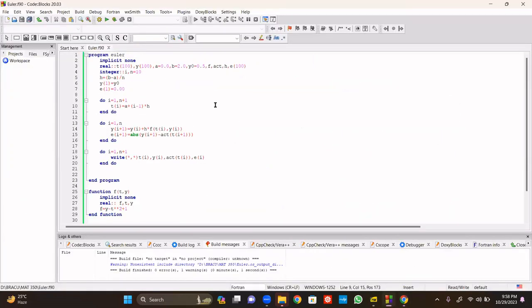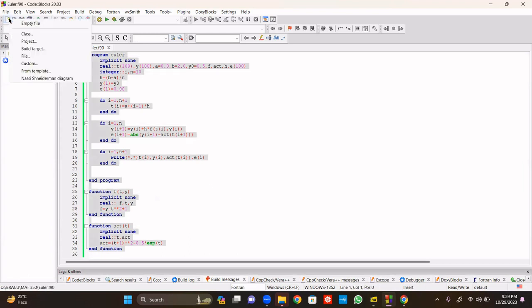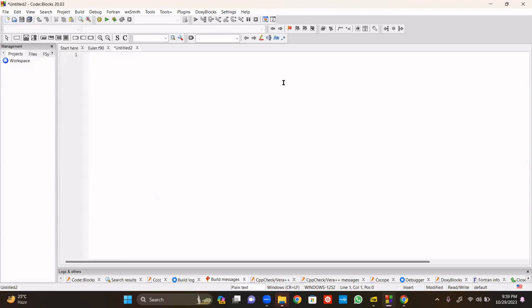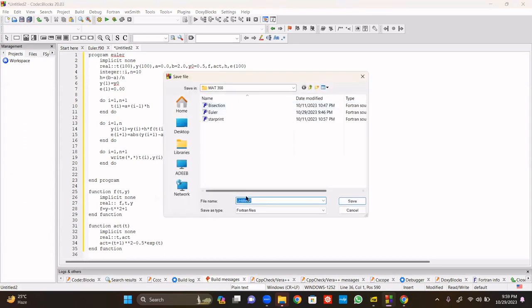Okay, let's solve the same problem using modified Euler. So let's copy the entire code, create a new file, paste everything, and save as.